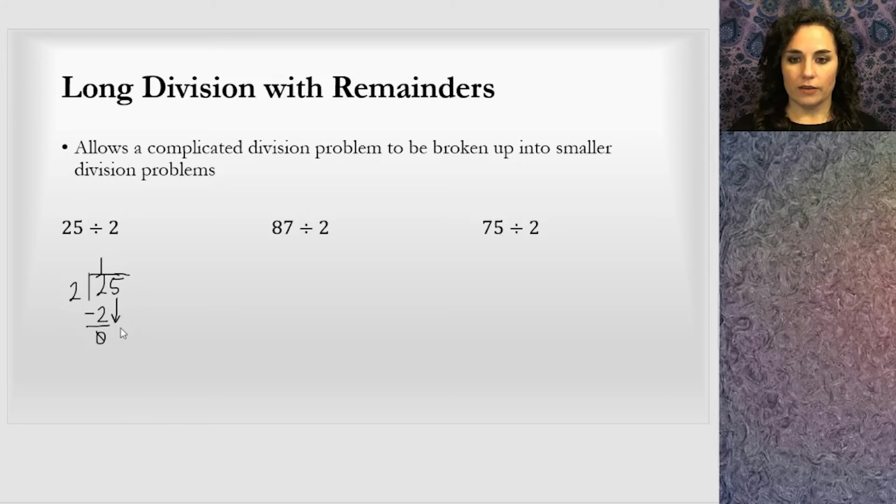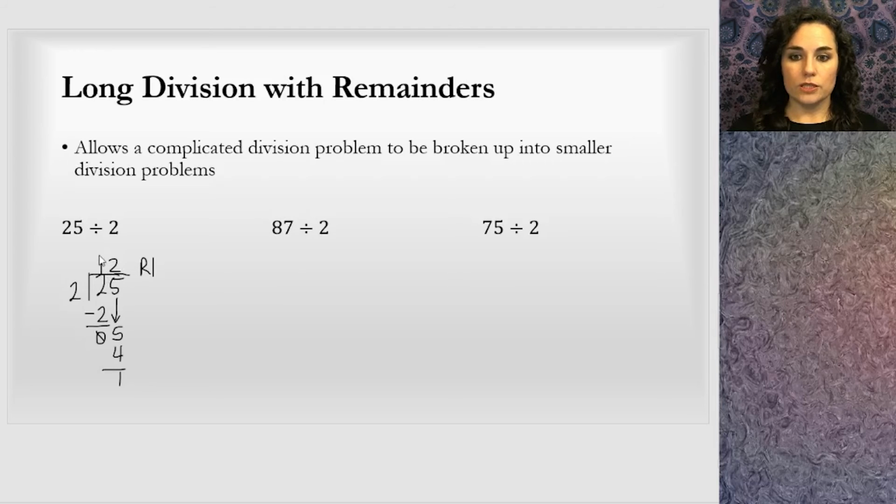Bring down the 5. I ask, how many times can I put 2 into 5? Well, evenly, 2 goes into 5 twice. That makes 4, right? So I'm going to put a 2 here. 2 times 2 is 4, and I have 1 left over. And that is my remainder.